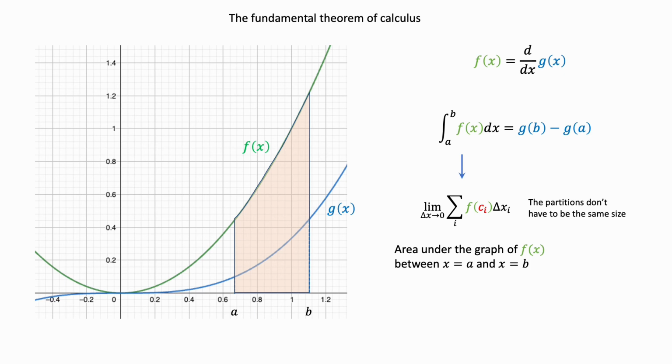And so the general formulation of the fundamental theorem of calculus, if you apply it to any function g and any function f such that the derivative of g is f, any two functions that satisfy this relationship, and of course, because of the mean value theorem, g has to be continuous and differentiable, so it has to have all the properties that come from the mean value theorem.